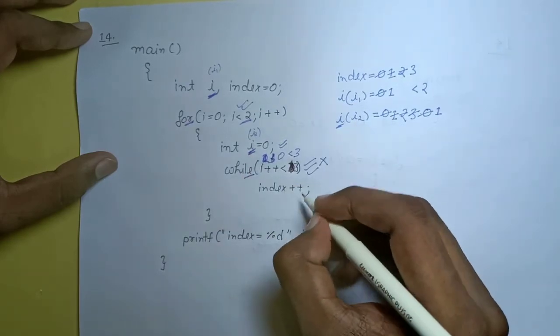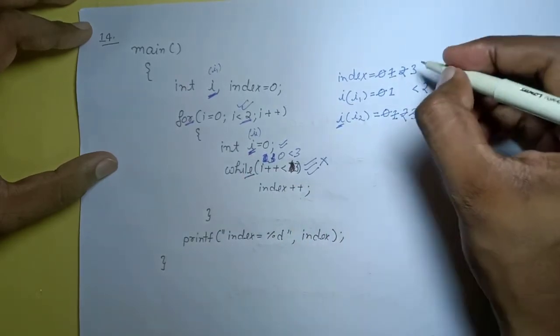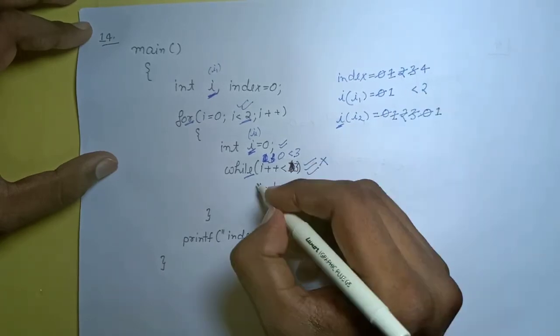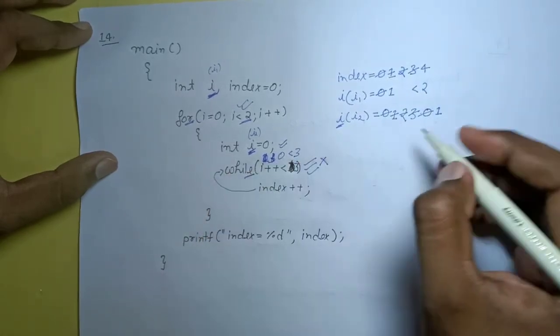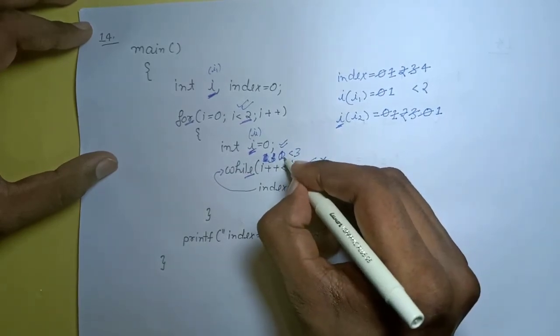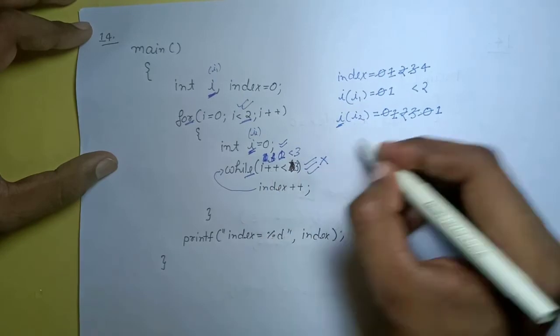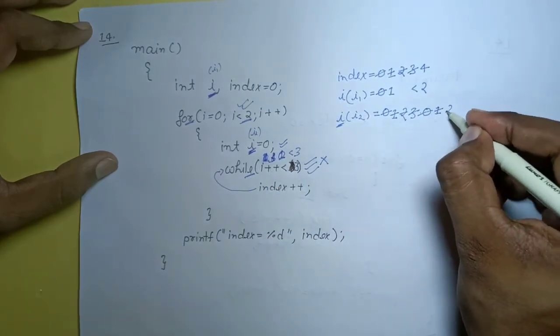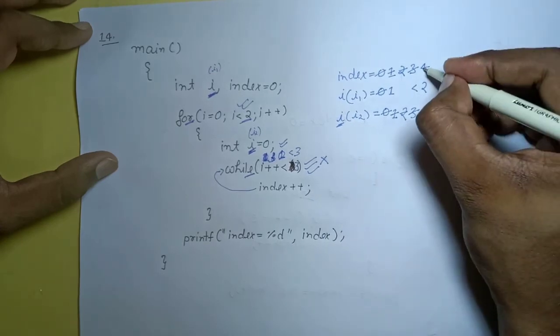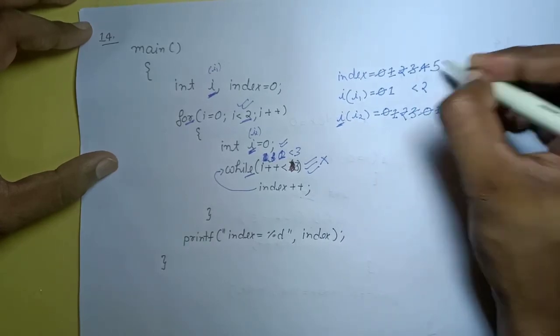We come inside the loop and the index value is again increased by 1, which means the index value is now 4. The control again comes to this loop, 1 is less than 3, and the value of I becomes 2. As we come inside the loop, the value of index is also increased by 1, so the index is now 5.